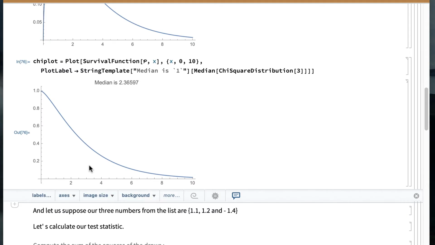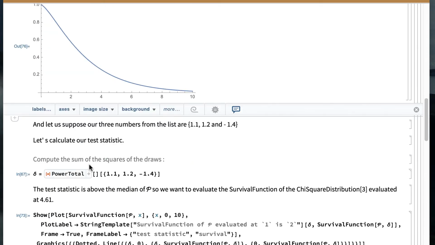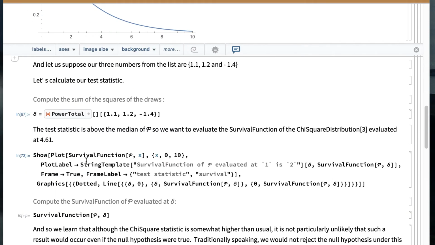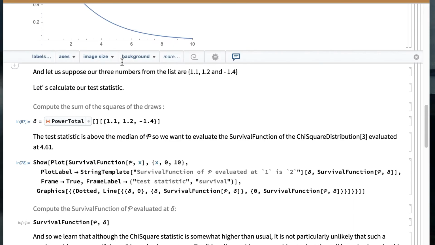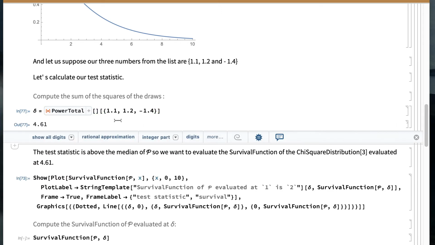That's what the survival function looks like. And now, let's suppose the 3 numbers in our data are 1.1, 1.2, and negative 1.4. So let's compute that same statistic, the sum of the squares, on our data. All right, 4.61.